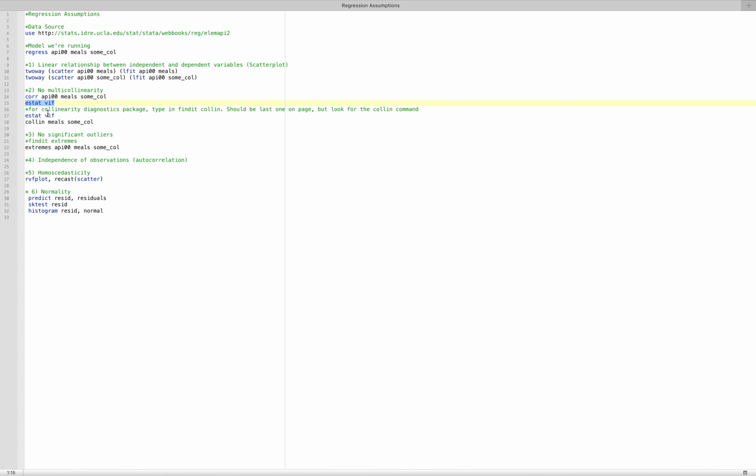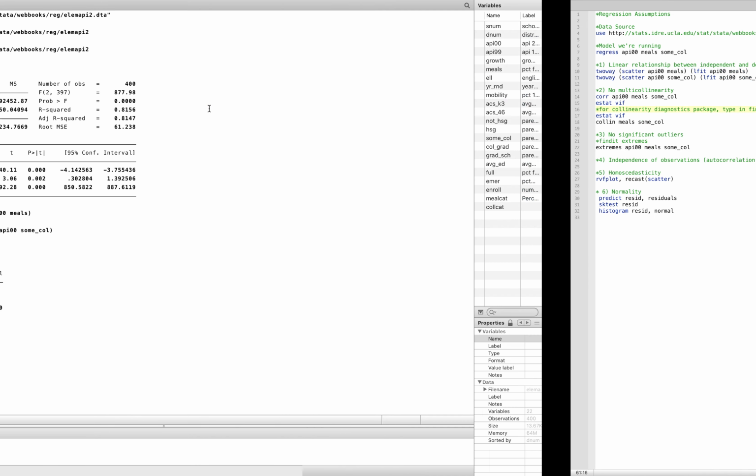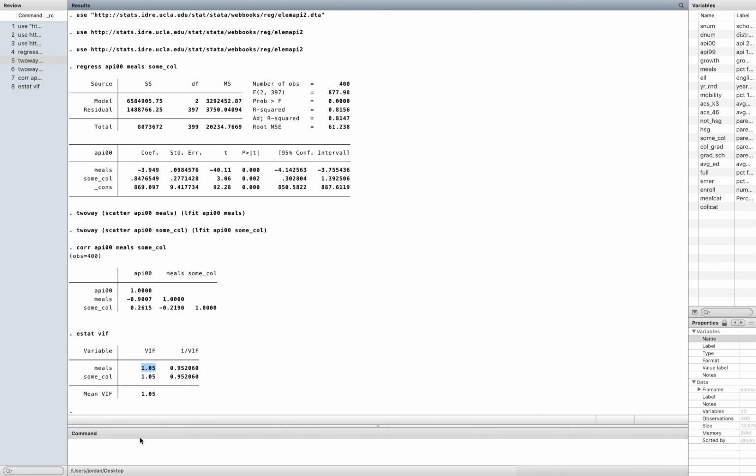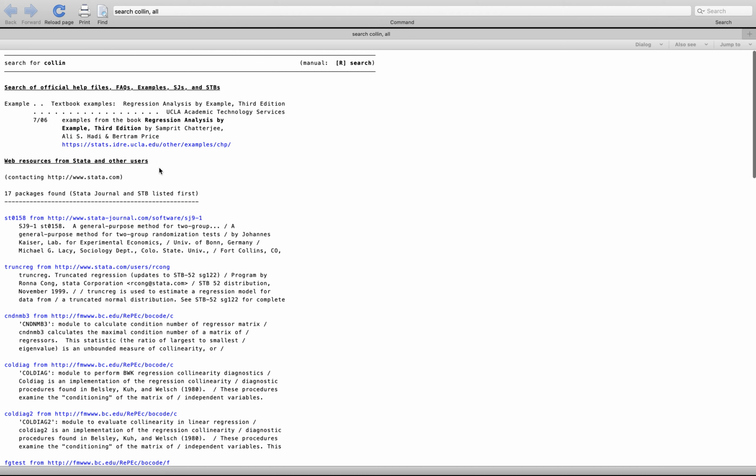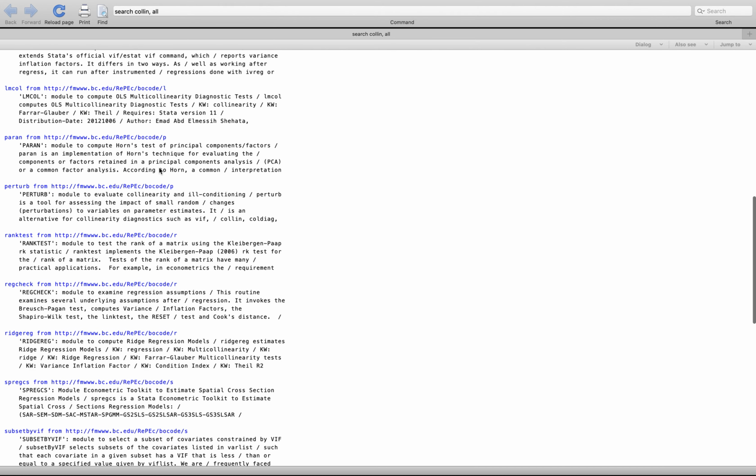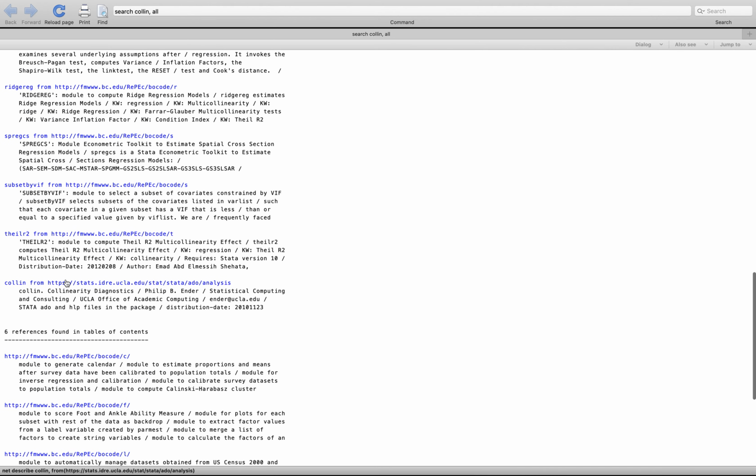There's also a collinearity diagnostic package. If you do find it, just put it out there for you. Find it, colin, for collinearity. If you put that on there and press enter and scroll down, it's right there, colin.